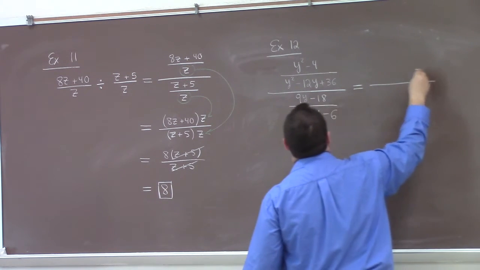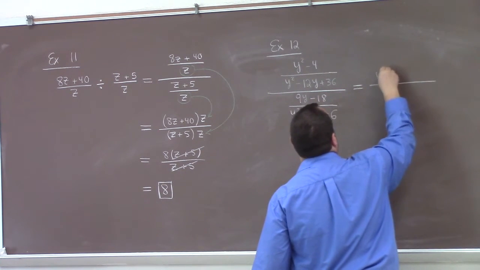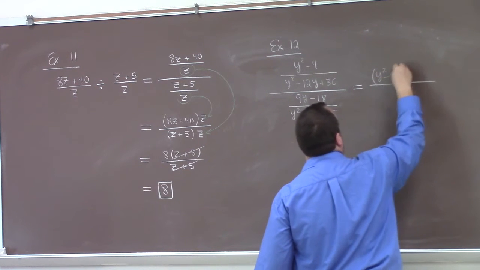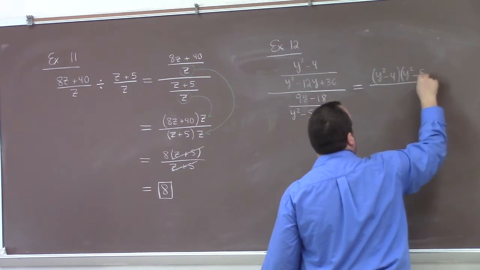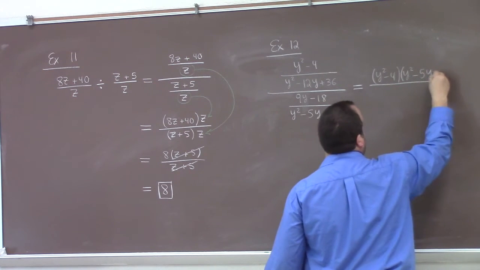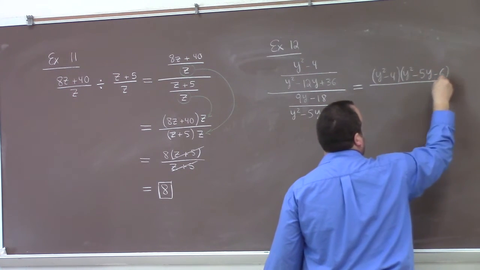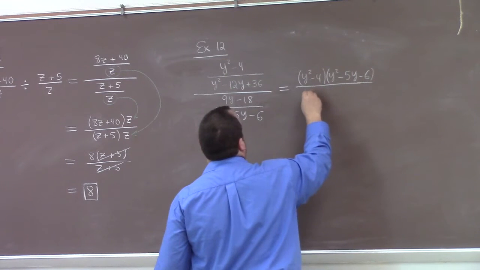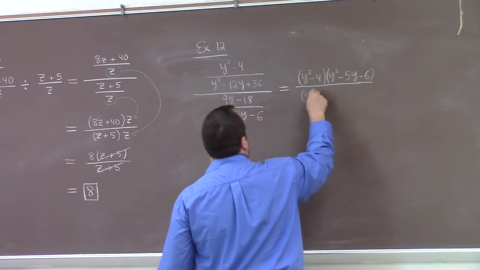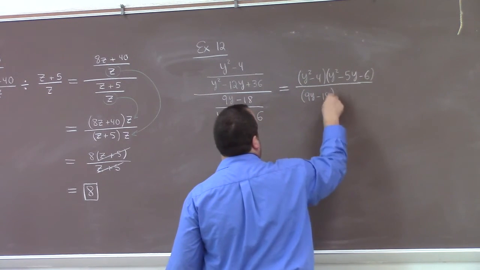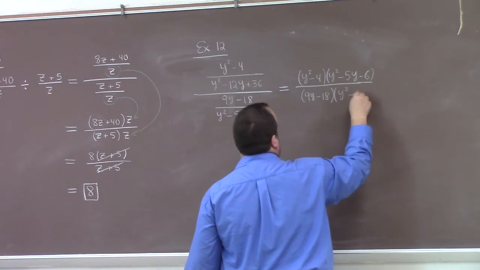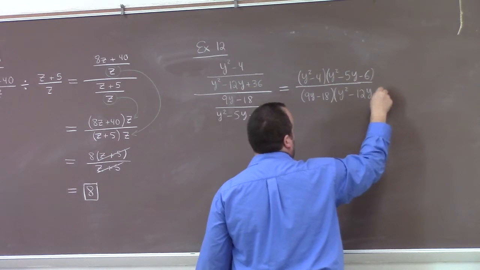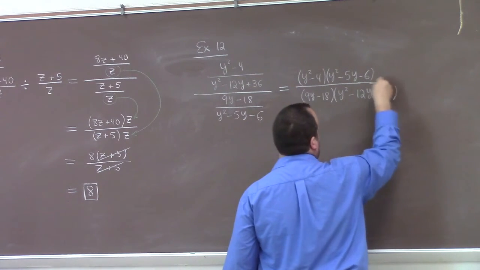Okay, so we got y squared minus 4 times y squared minus 5y minus 6, divided by 9y minus 18 times y squared minus 12y plus 36.